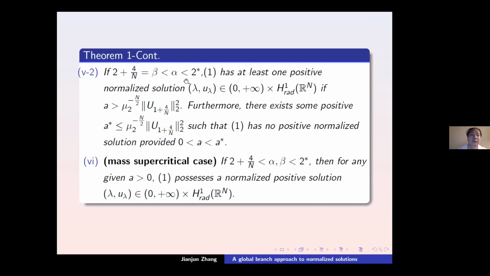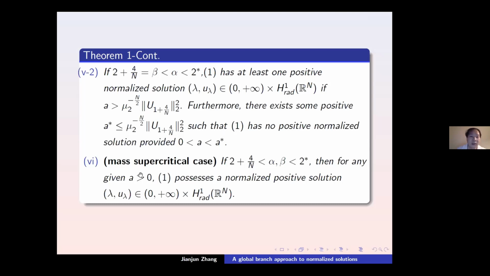Also, for the case where the problem is mass supercritical near the origin and mass critical near infinity, we can get similar results. We also find existence and non-existence of normalized solutions depending on the mass A.